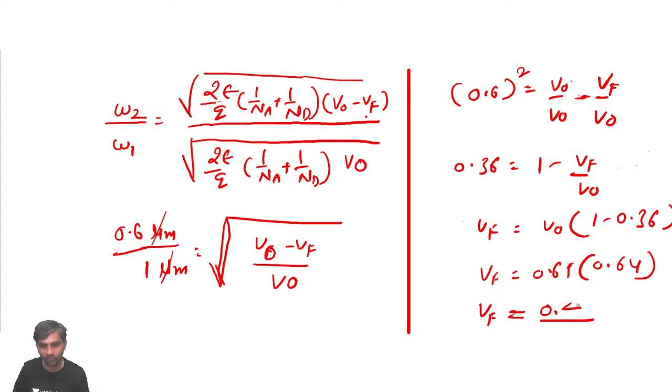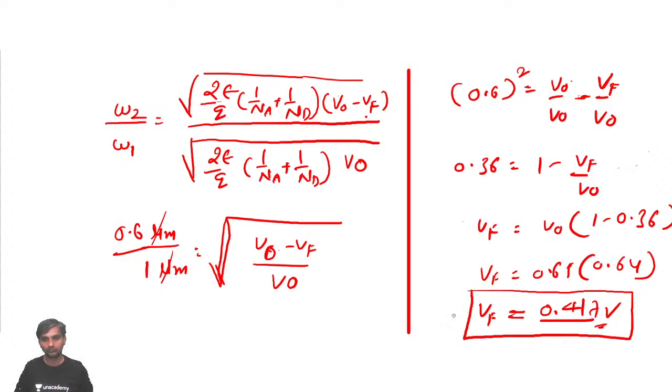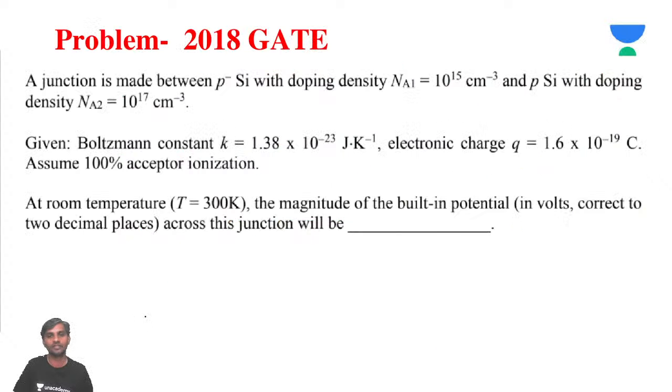Correct, 0.41. We will get 0.417 something. Correct. This is going to be the answer, 0.416 or 416. Correct. Next problem.